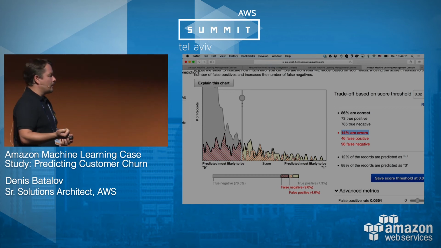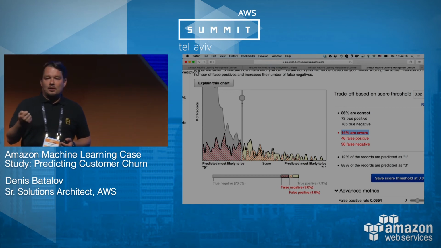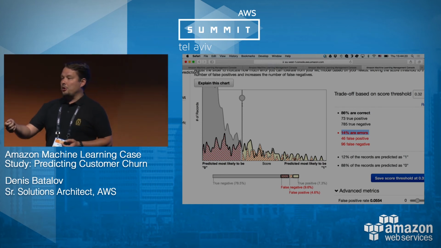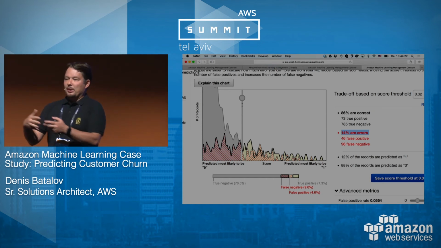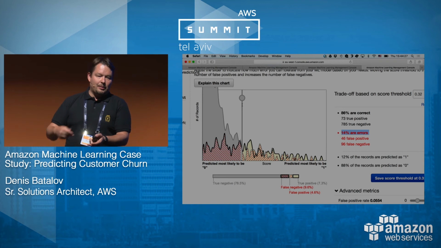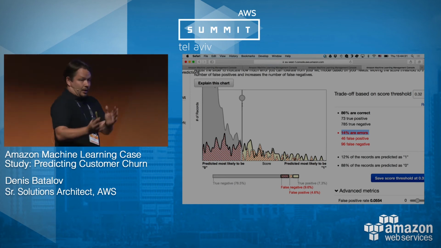So for example, if I determine that a customer is leaving, I get the prediction of customer churn. I might spend some amount of money on gaining the loyalty of the customer. Maybe give them some sort of free upgrades or something like that. And that's a cost for me.